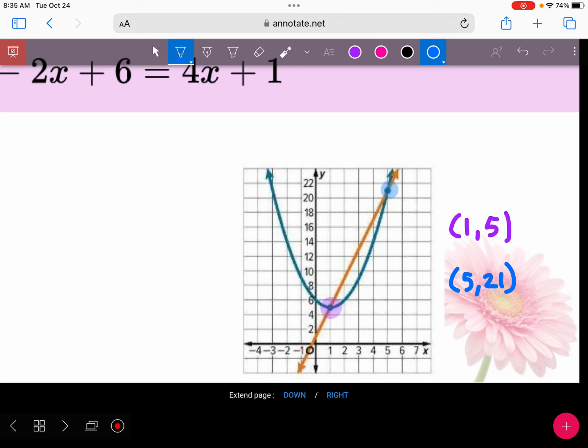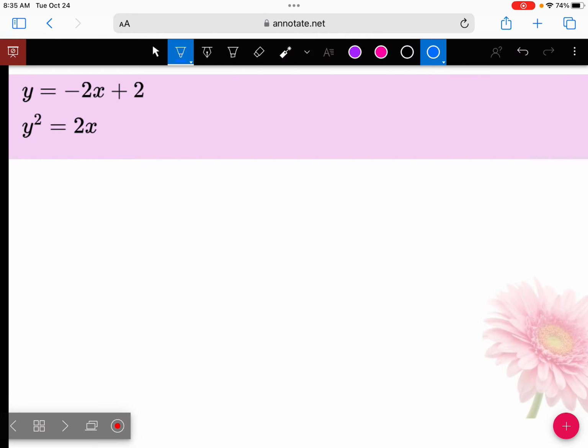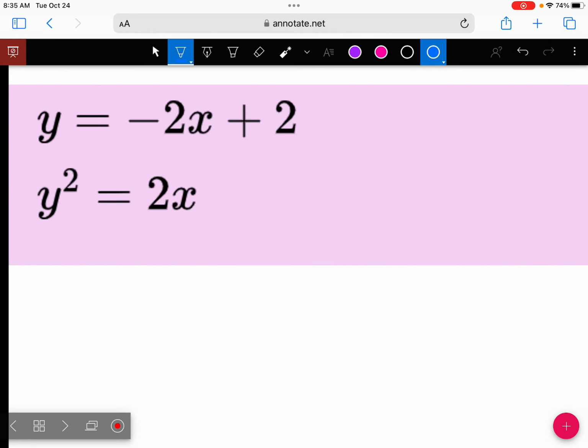We are going to do one more of these, and it is the hardest one, okay? So here's our equations. We have y equals minus 2x plus 2 and y squared equals 2x. This one is the hardest one that we will have.